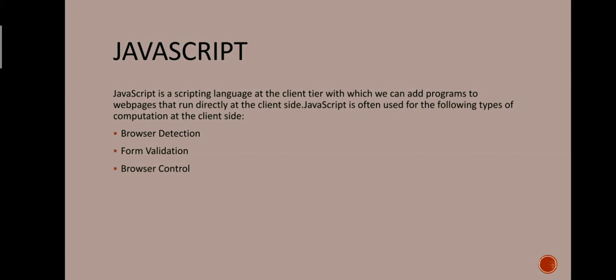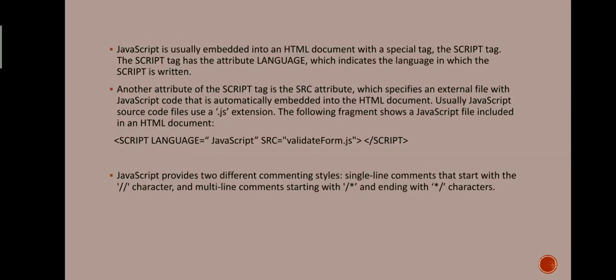That is browser detection, so it detects the browser. Form validation, which checks whether the form is valid or not. Then the third one is browser control, so it controls the browser. JavaScript is usually embedded into an HTML document with a special tag, the script tag. The script tag has the attribute language, which indicates the language in which the script has been written.